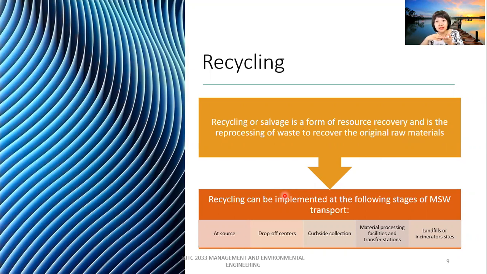Second is the drop-off centers. You can send it to the drop-off centers and they can separate. You just send everything there and then people will separate for you. Curbside collection is something that you put outside your house. Then material processing facilities and transfer stations. And finally the landfills. People will go to the landfill and collect all those useful things and then bring and sell them. So that is the income for the scavengers.